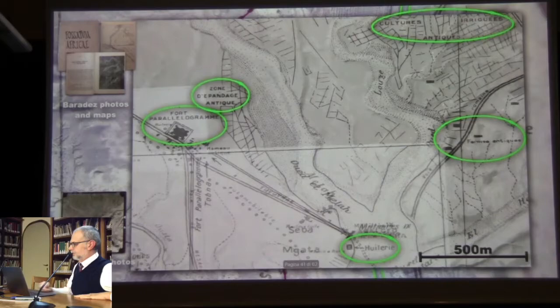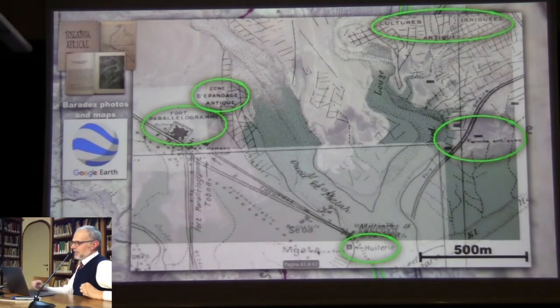We were interested in this area, also these farms, and also this oil production facility. The problem is that the oilery is now underwater. You see, this is the lake.